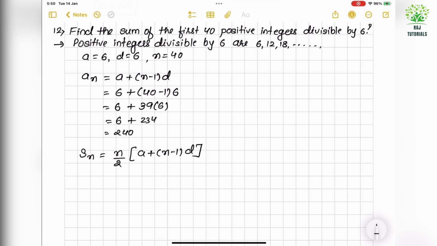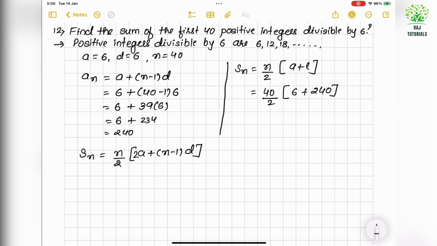Or if I want to use the first method which I used, I have to use the formula Sn equal to n by 2 into (a plus l). So this will be n is 40 by 2 and into first term is 6, last term was 240.